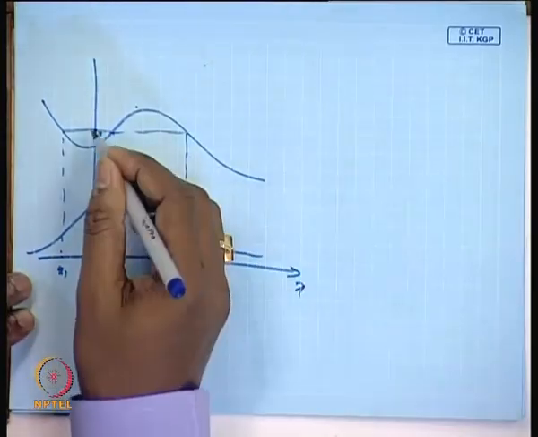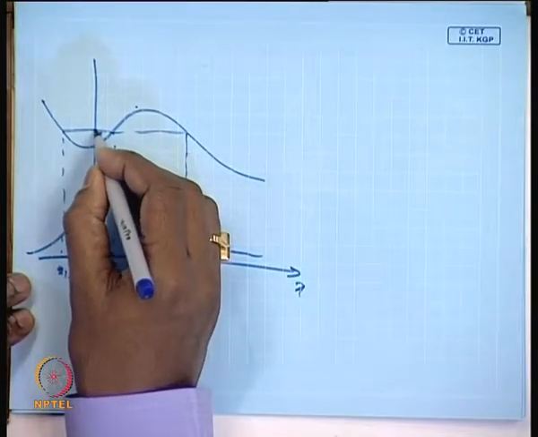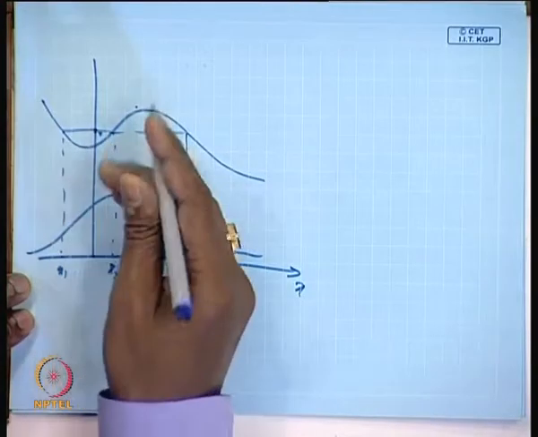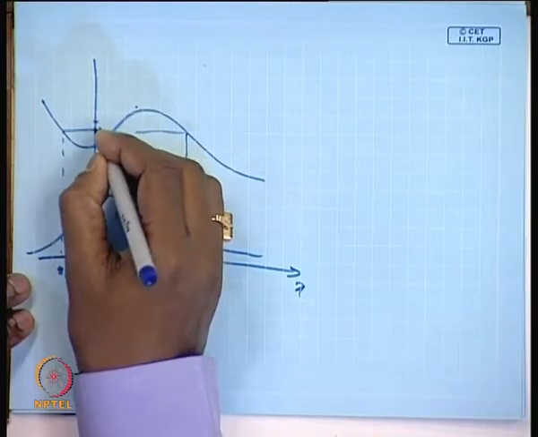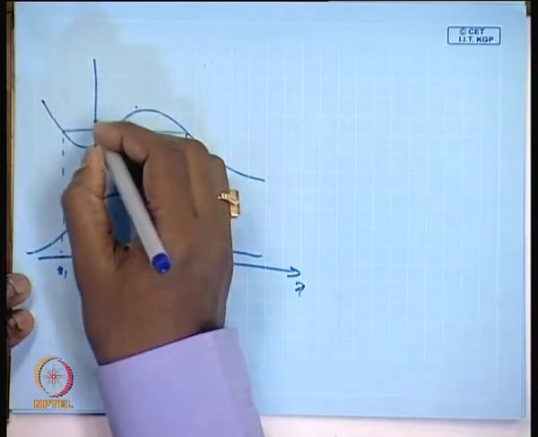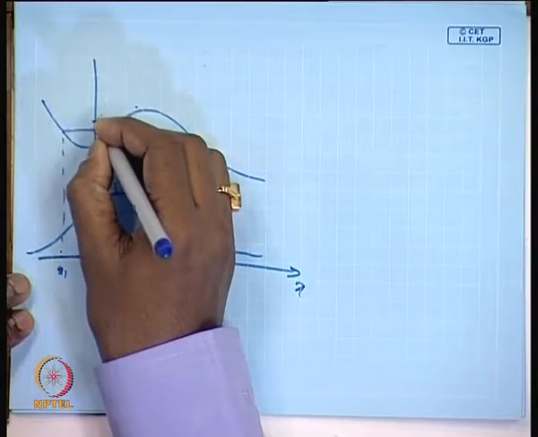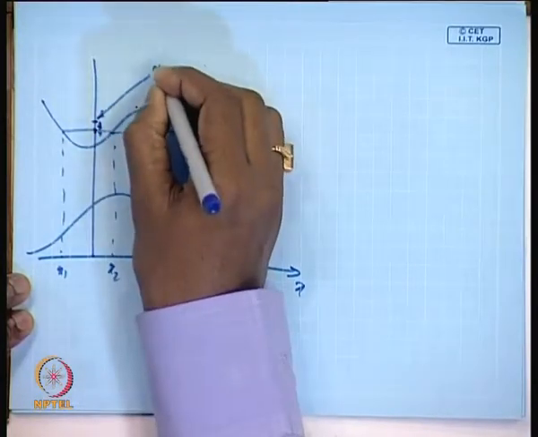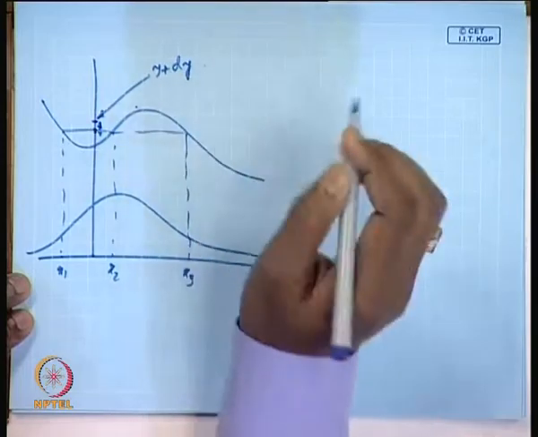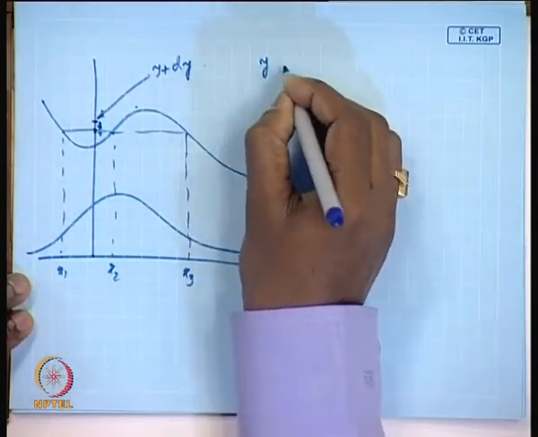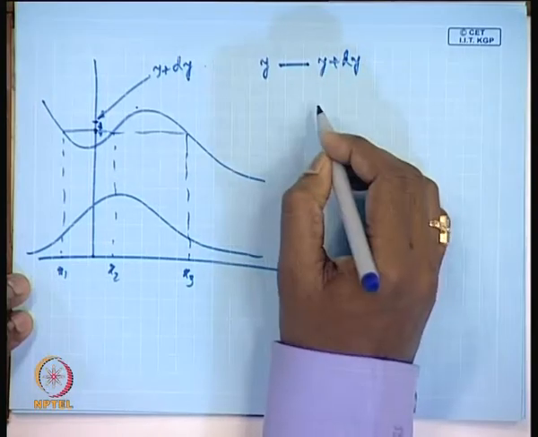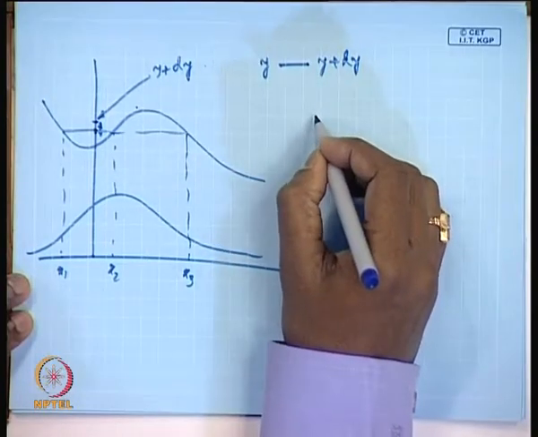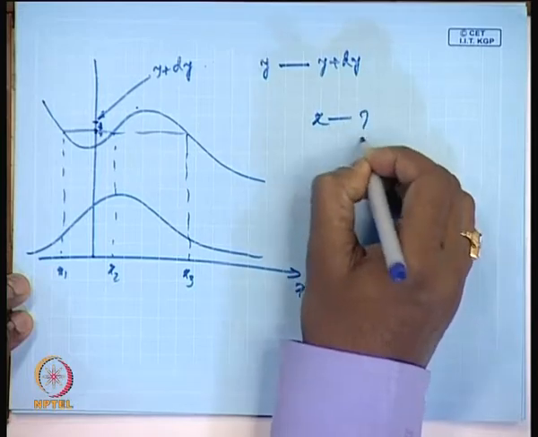So what we are basically trying to do here is take a small range of y, from y to y plus dy, so this is the increasing side. What we have to find out is, from y to y plus dy, what ranges are covered by x.